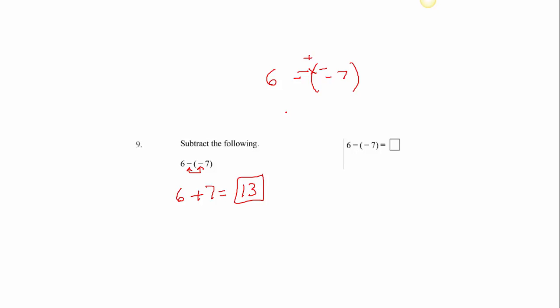So if you want to remember this, assume that the parentheses is like multiplication, so minus times minus is plus. This is what we do all the time when we have to distribute, right? We always multiply. So think about this minus minus as if it were multiplication, and then change it to addition and get the final answer 13.